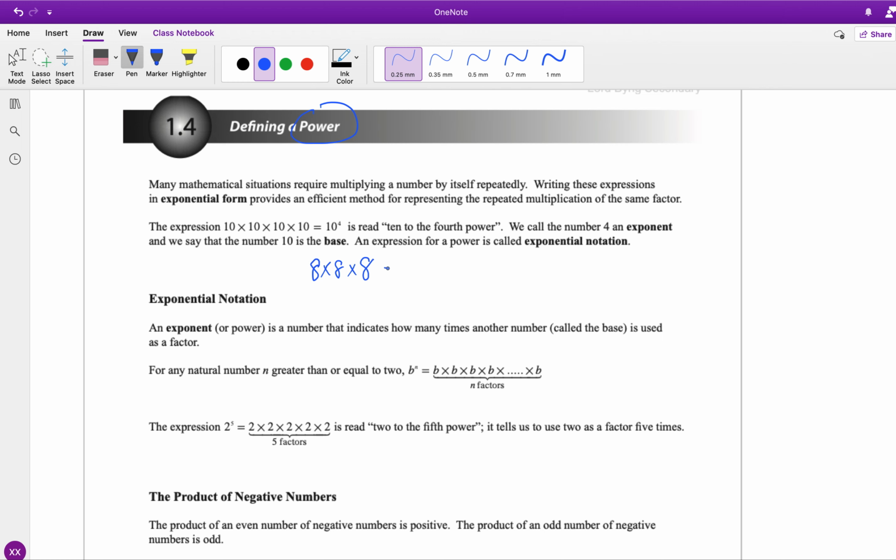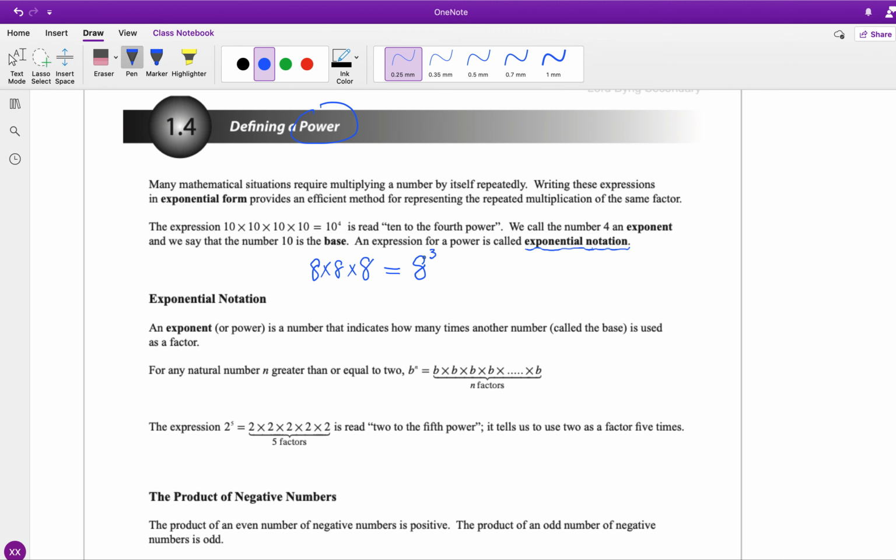So then somebody came along and said, hey, why don't we define it and use a different notation? Notation means it's man-made. So why don't we just say that means 8 to the power of 3? So that means this is just an exponential notation.